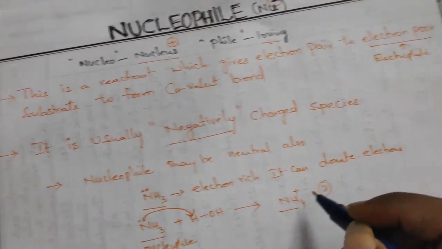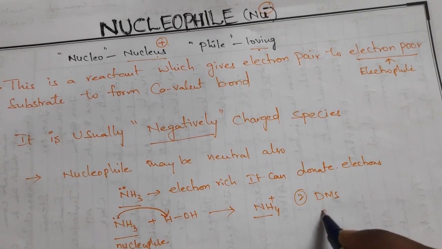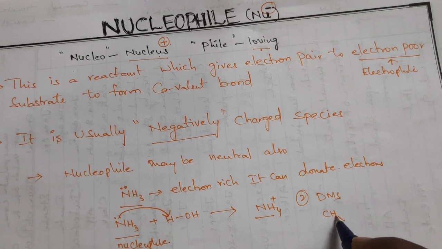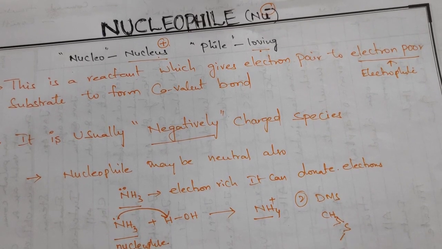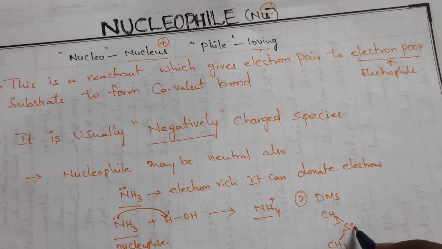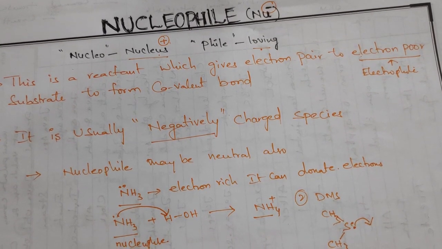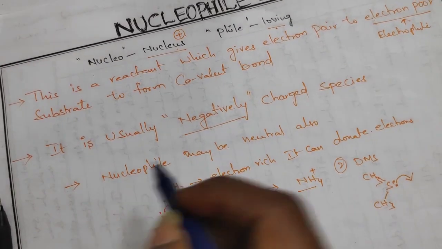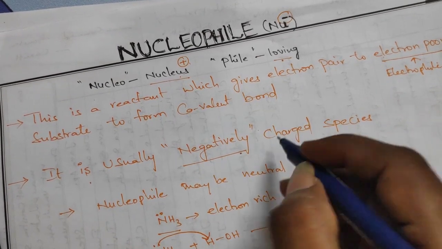Another example is DMS, dimethyl sulfide. It can also give the electron pair to the electron poor substrate, that is, the electrophile. And as we said, a nucleophile is usually a negatively charged particle, so this is more common.